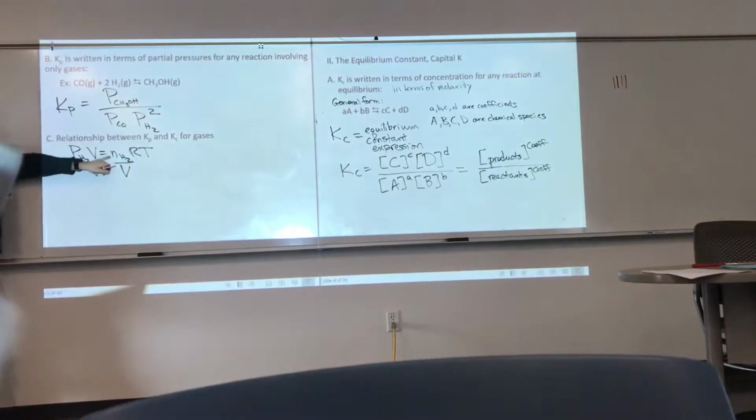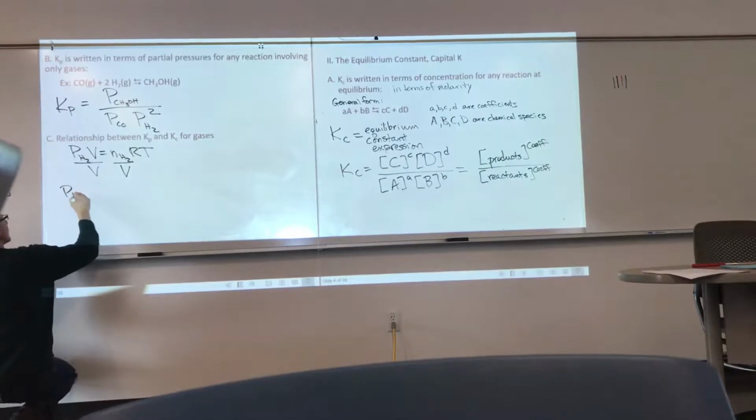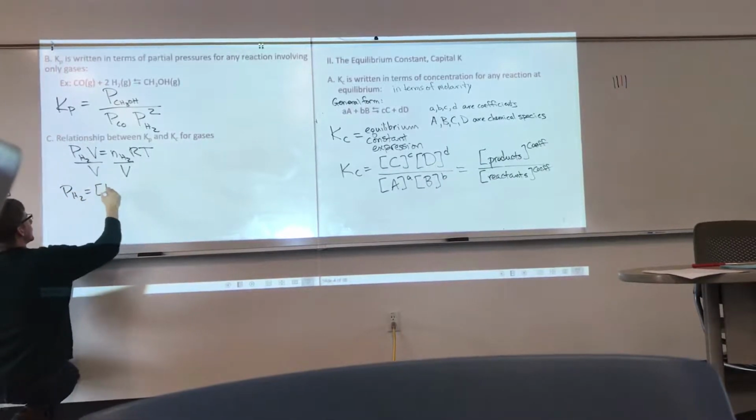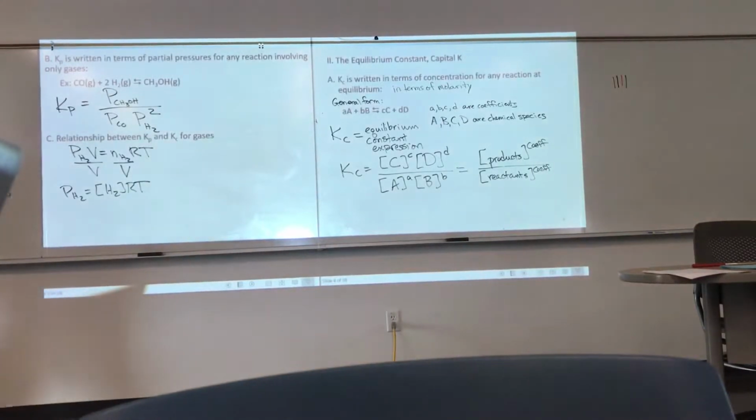That cancels the V on the left-hand side, and moles over liters is molarity. So the partial pressure of a gas equals the concentration of that gas times RT. That's always true for gases. It's one of the weird things about gases. We'll talk more about concentrations for other species, but gases have partial pressures and concentrations.